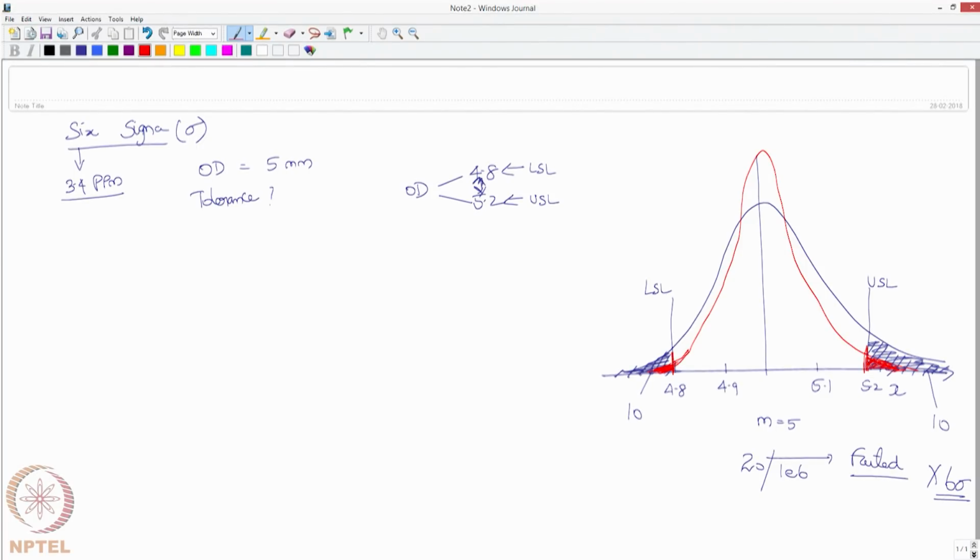However, you can see this shaded region of red is much smaller than the blue. Okay. So, how can I achieve this? By only shrinking the distribution. What does this shrinking mean? It means that I am working on my sigma.